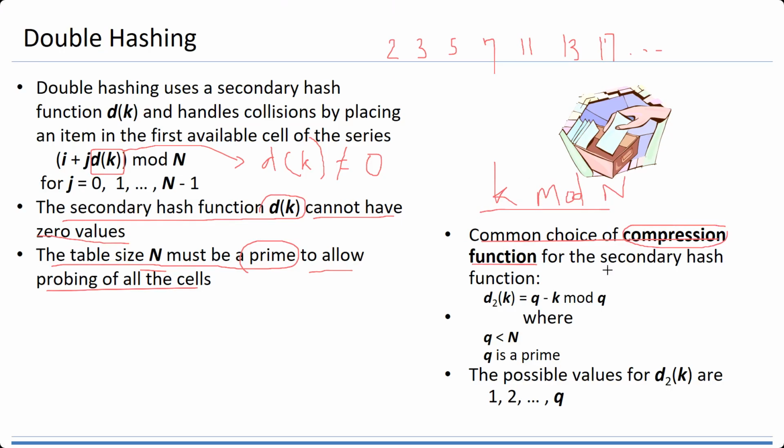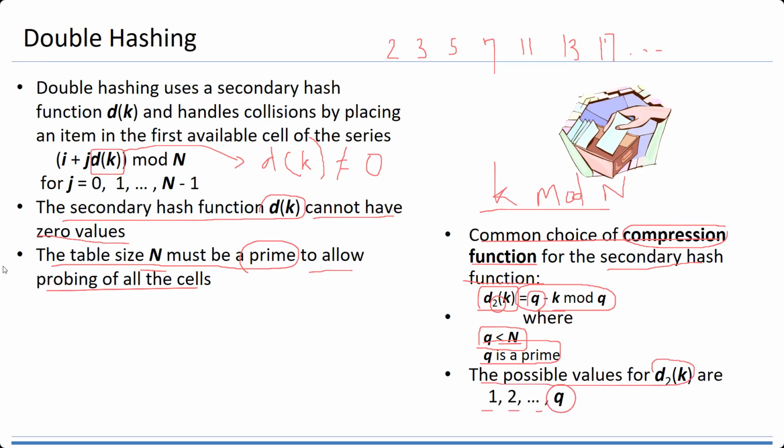But for the secondary hash function, we have d2(k) equals q minus (k mod q). Here q is any prime number, and it should be less than n. The possible values for d2(k) are 1, 2, and so on until q.